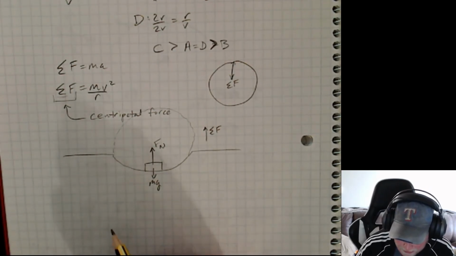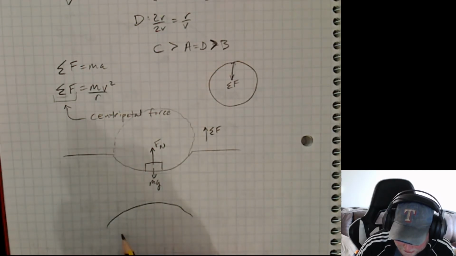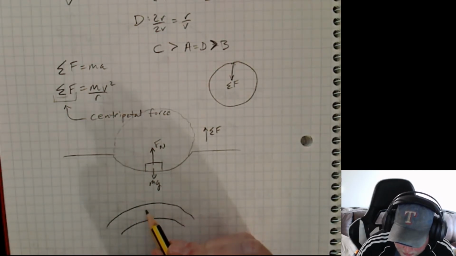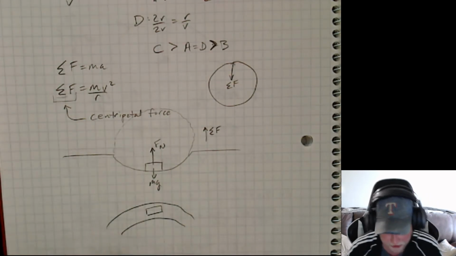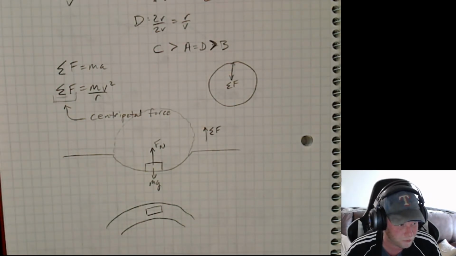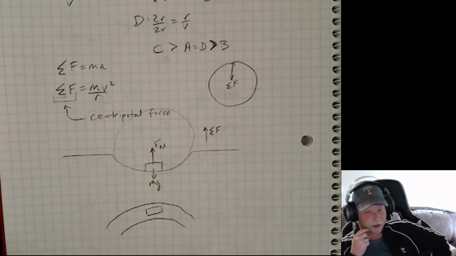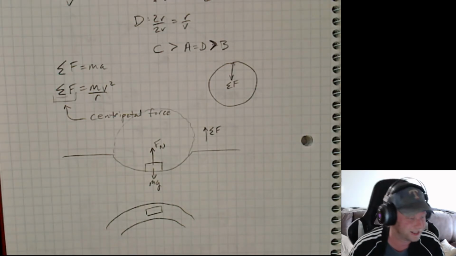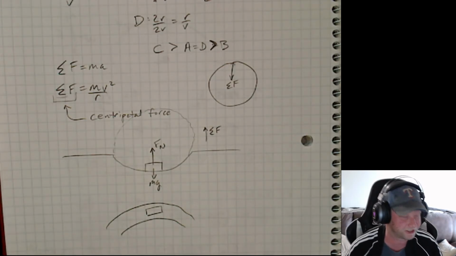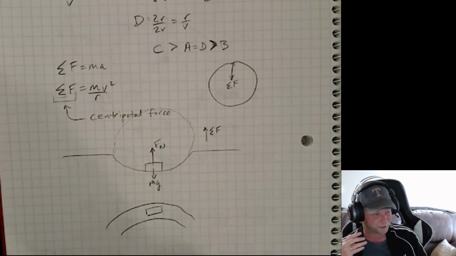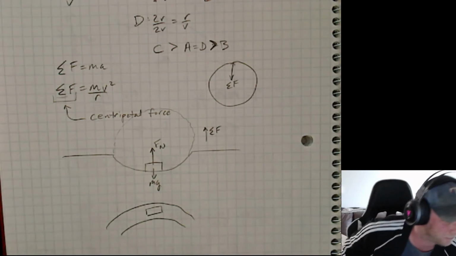Alright, so in this case, let's say this is the road we're looking at, this is the top view, and you've got your car. What force is allowing that car to make that turn, to experience that centripetal acceleration? Keep in mind, if something experiences an acceleration, there needs to be some net force.